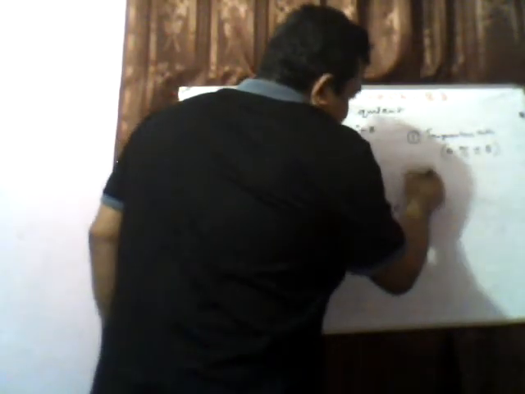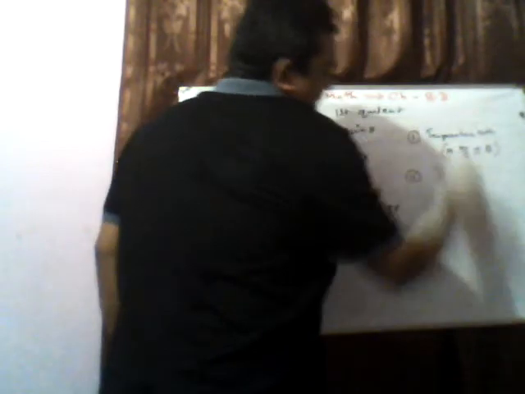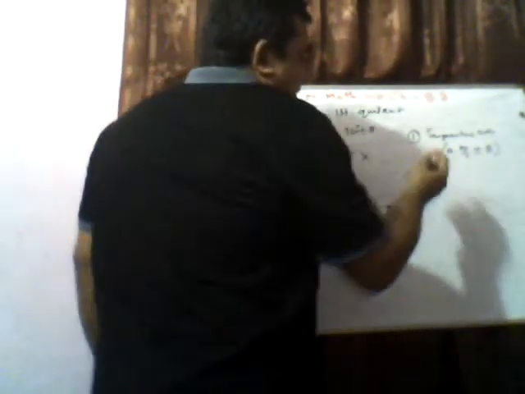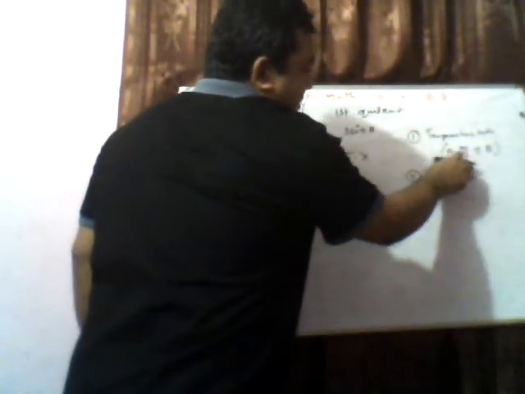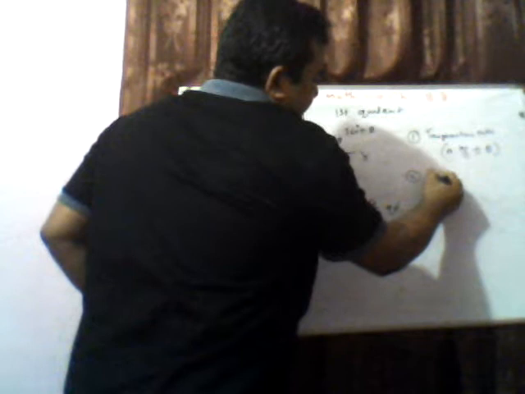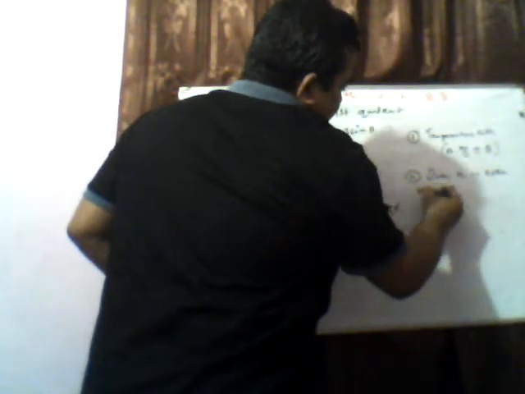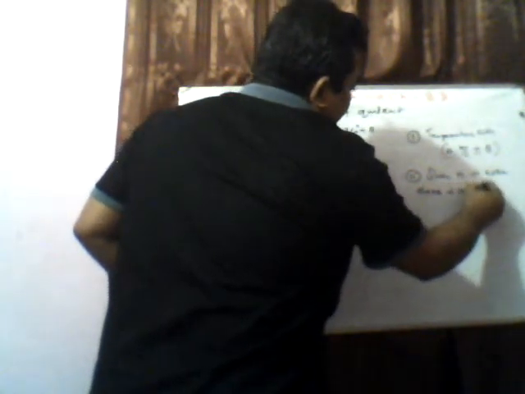Number two: what is n? In n times pi by 2 plus or minus theta, n is the coefficient of pi by 2. When n is even, there is no change.